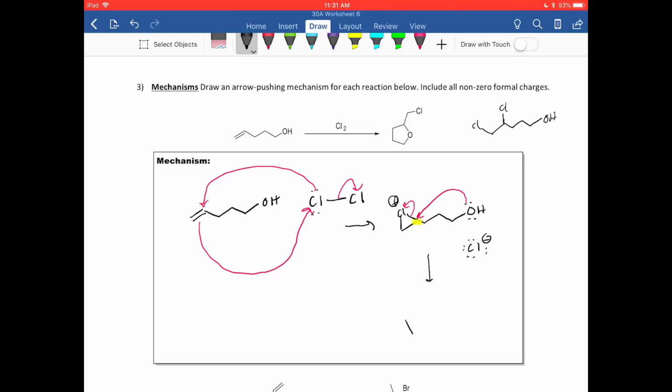And what I get as a direct result is this. So now the final step is simply to deprotonate, so I can use chlorine as my base, pull off that hydrogen and form the neutral product.